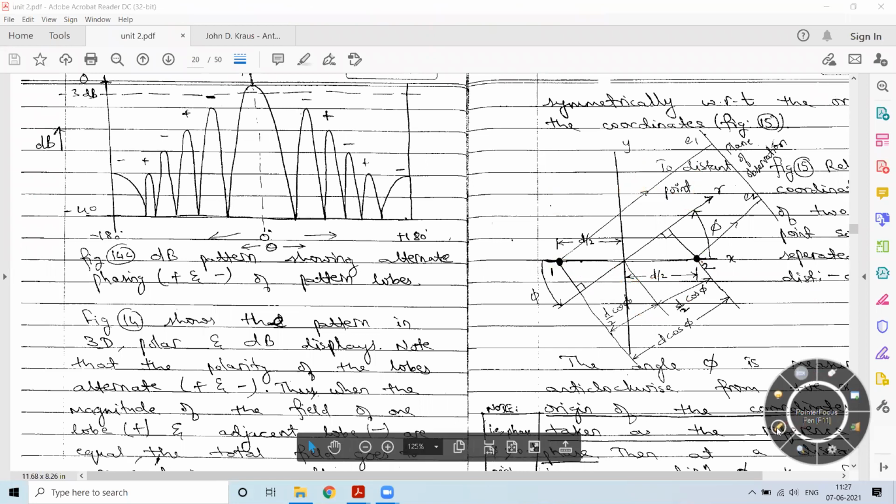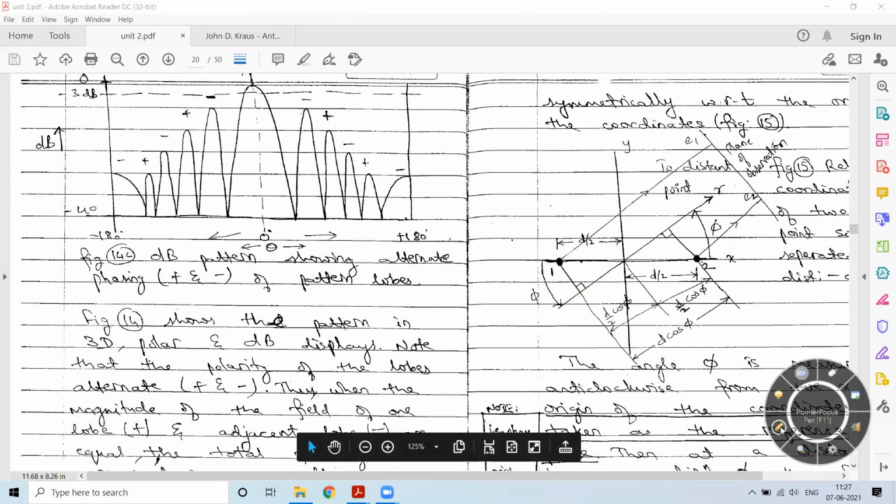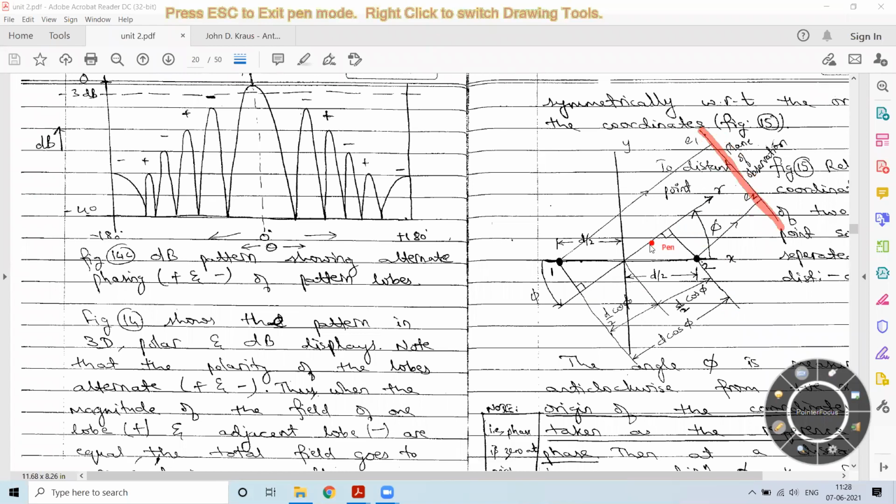Now, based on this, we need to identify the total field due to these two sources together. For this, we consider an observation plane which is at a distance r from the origin.